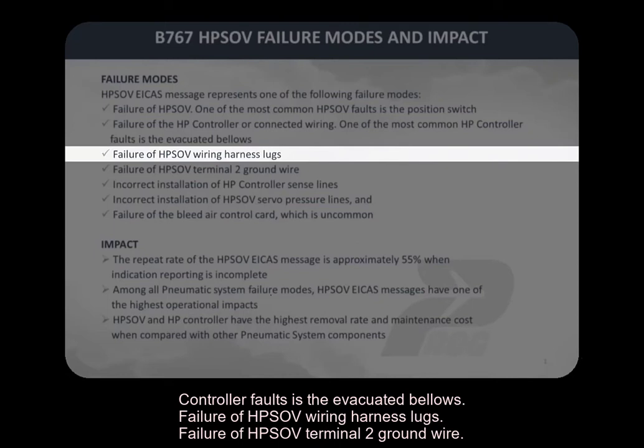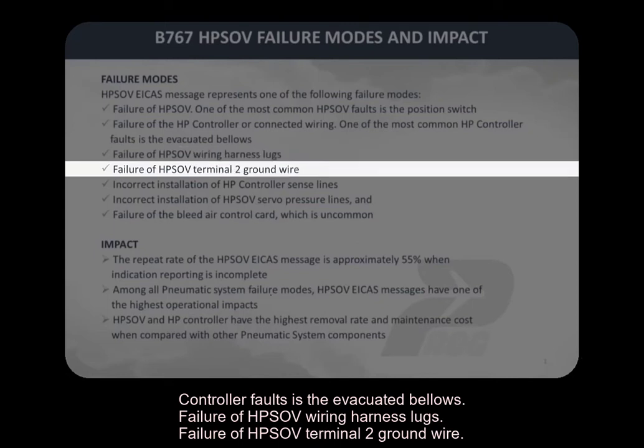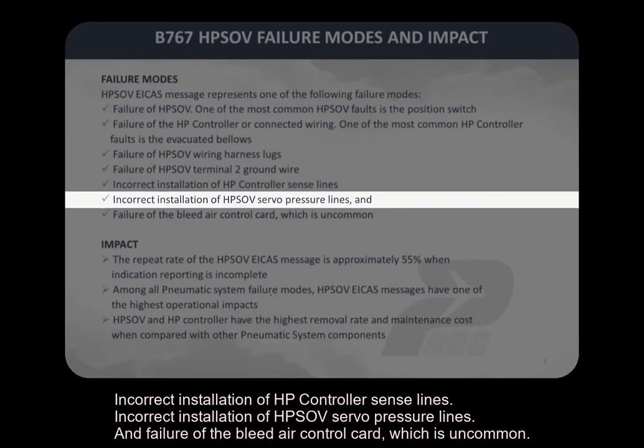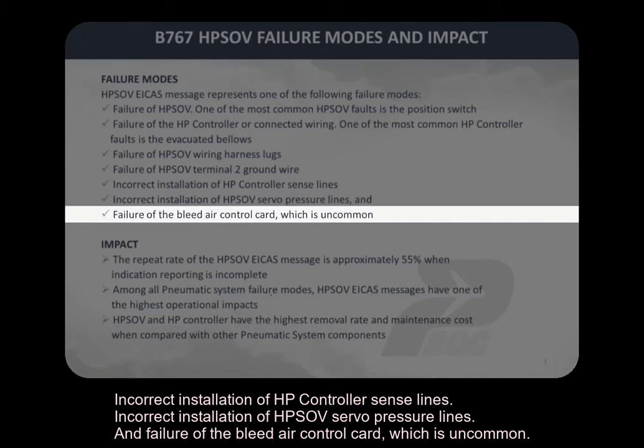Failure of HPSOV wiring harness lugs. Failure of HPSOV terminal to ground wire. Incorrect installation of HP controller sense lines. Incorrect installation of HPSOV servo pressure lines. And failure of the bleed air control card, which is uncommon.